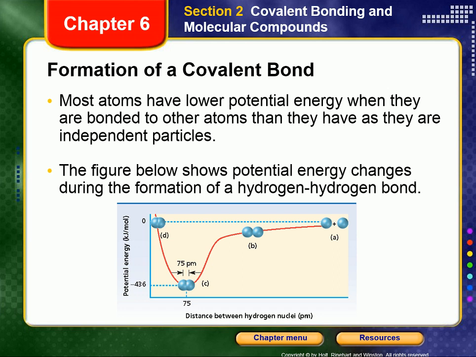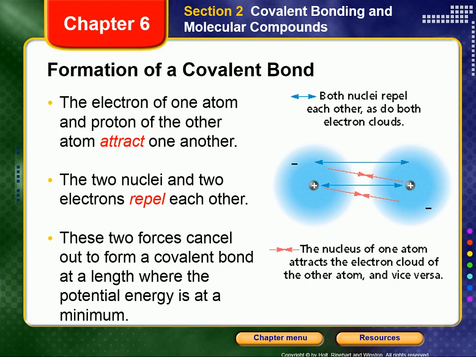Now consider what happens if the hydrogen atoms approach each other. Each atom has a nucleus containing a single positively charged proton. The nucleus of each atom is surrounded by a negatively charged electron in a spherical 1s orbital. As the atoms near each other, their charged particles begin to interact, as shown in Figure 6-6 on page 165 of your text or on the screen now.